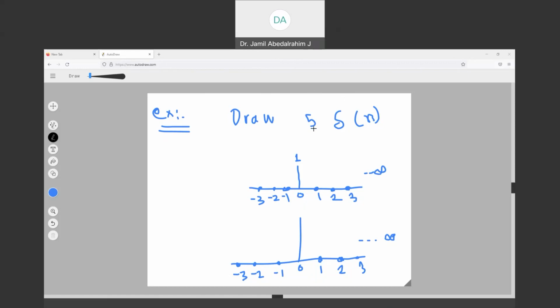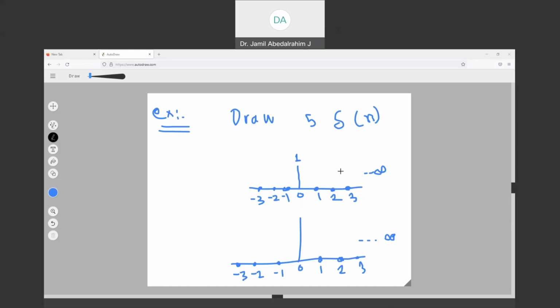Here, 5 impulse of n. We know the unit impulse has one value equal to 1 only at 0. So at 0, the amplitude is 1. Others have 0 amplitude, no signal. So this is the only pulse we multiply by 5.